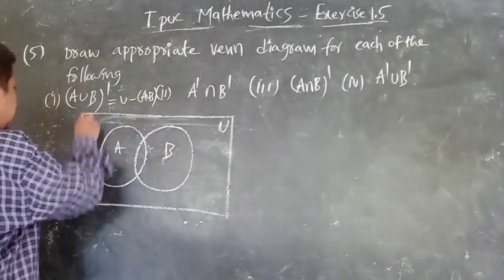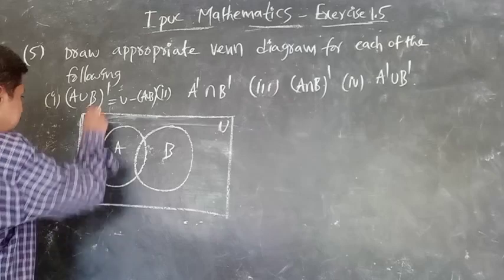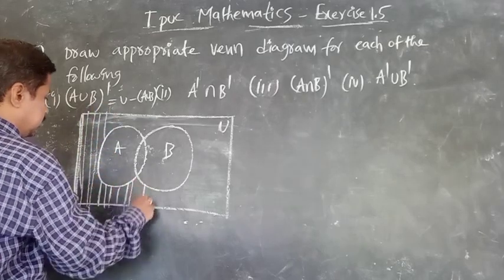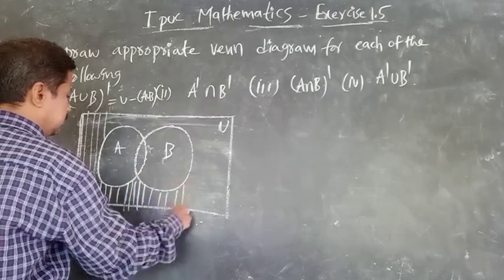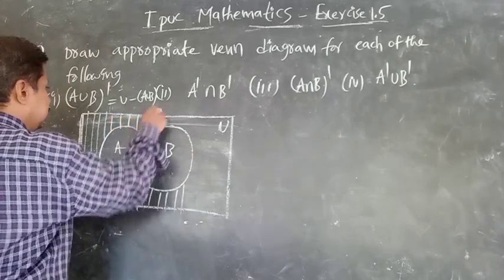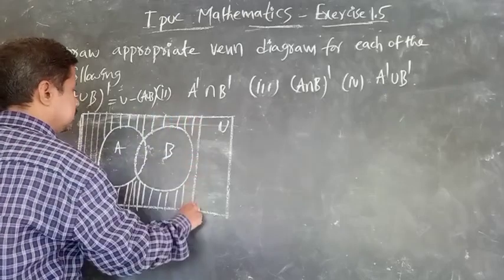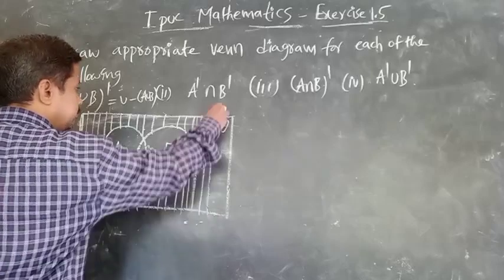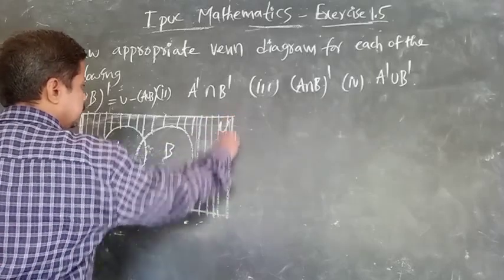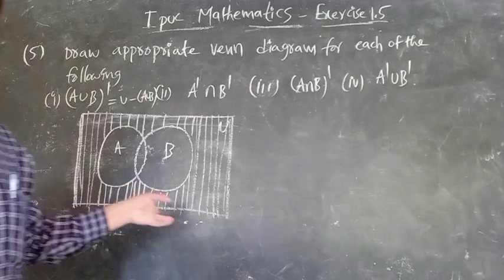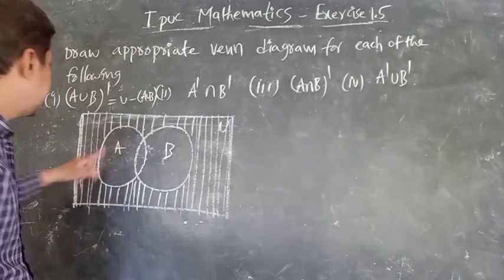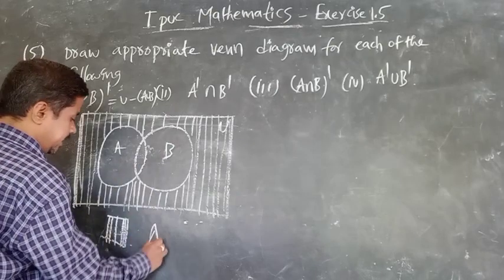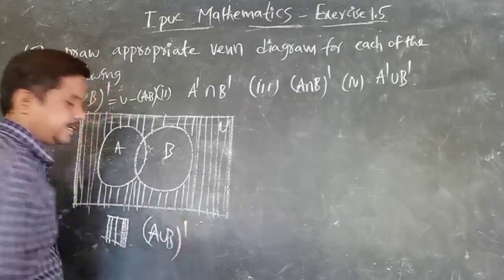So shade this part here. This is the answer for this. So this shaded part is known as (A union B) dash.